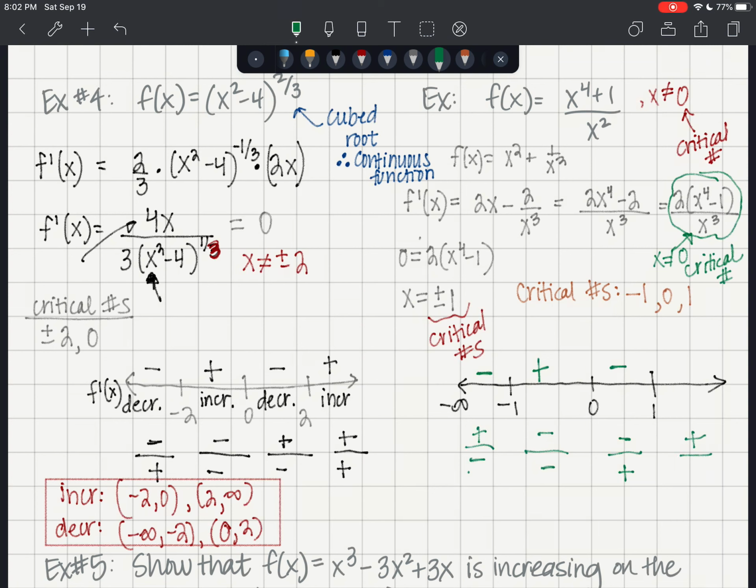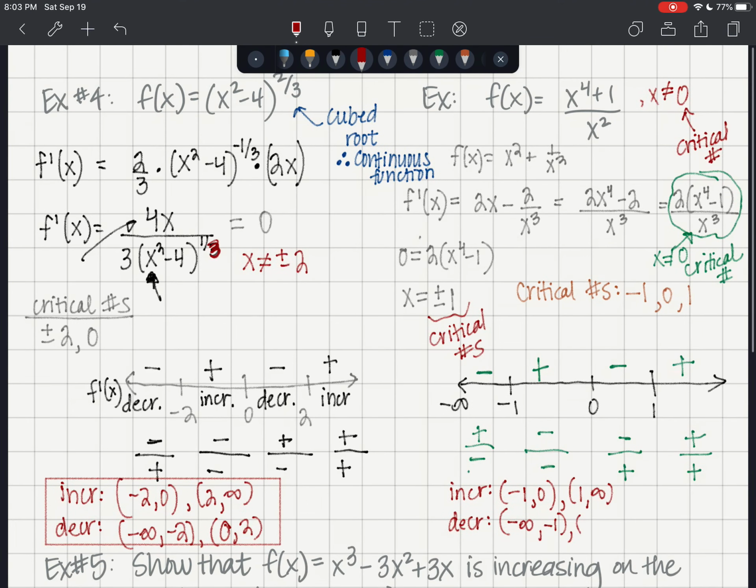Over 5 cubed is 125, that's positive. A positive over a positive is positive. So our increasing intervals go from -1 to 0 and 1 to infinity, and our decreasing interval goes from -infinity to -1 and then 0 to 1.